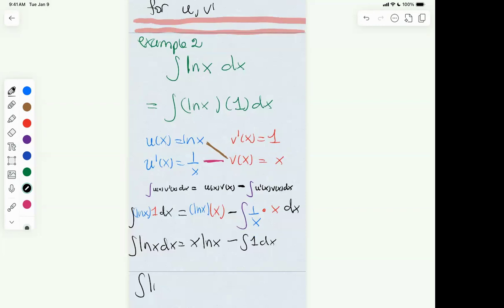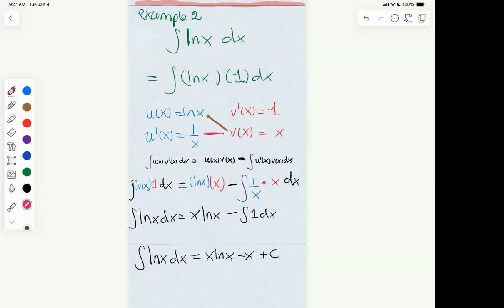So that gives you this very convenient formula for the integral of natural log, which is x natural log of x, minus the integral of one, x, plus a constant. Is that okay?